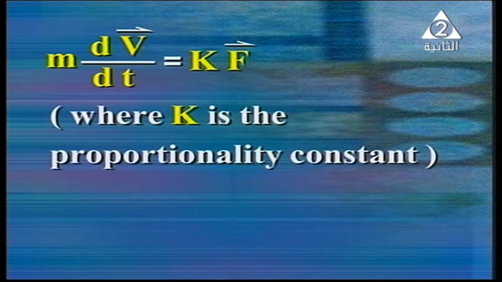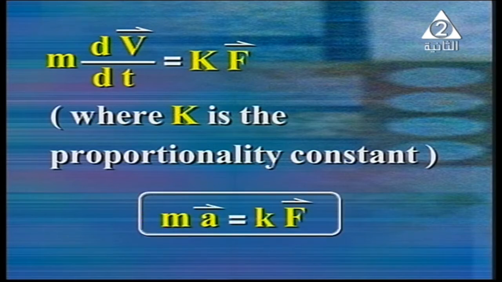Dear students, in this case the mass is constant, so m times the change of v with respect to time equals k, the proportionality constant, times the force vector F. Then we deduce that m times acceleration a equals k times force vector F. Why?